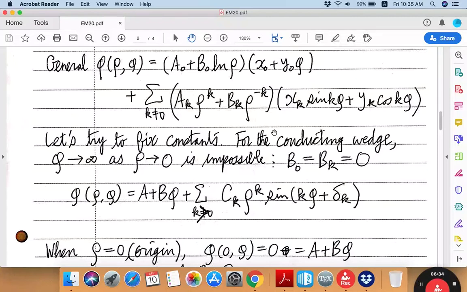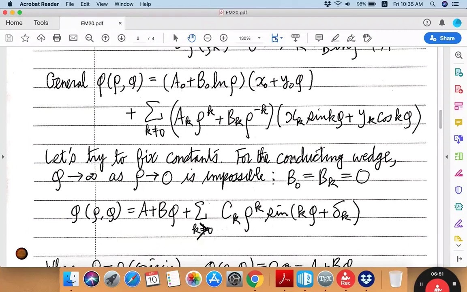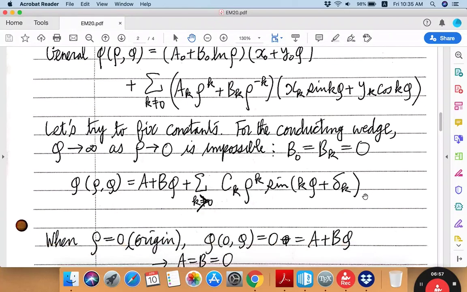But that's quite unphysical, so we do not want to see that happen. And likewise, this potential log of rho also diverges, and we don't want that either. So to prevent those things from happening, we have to take b0 and all the bk's to be 0. And therefore, now we have a much simpler solution that looks like this.